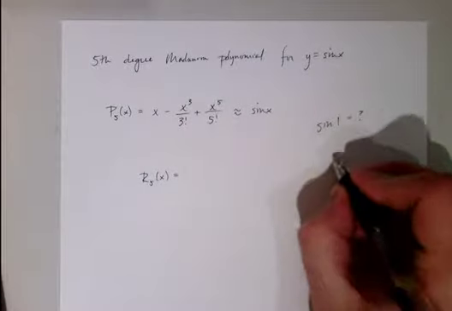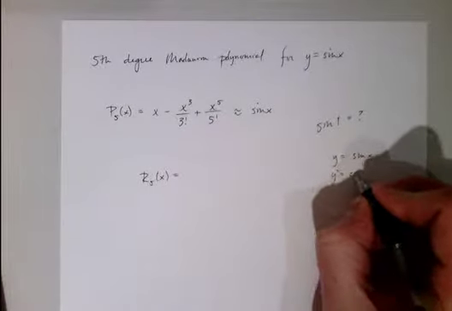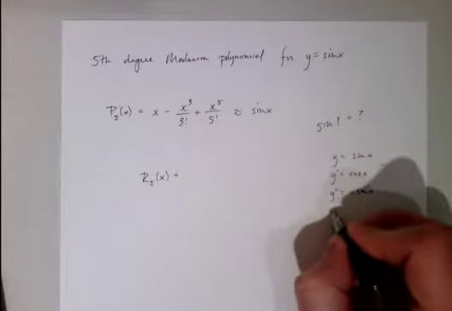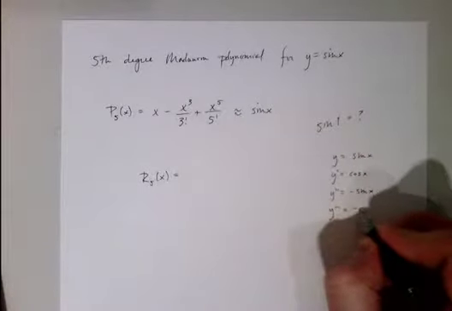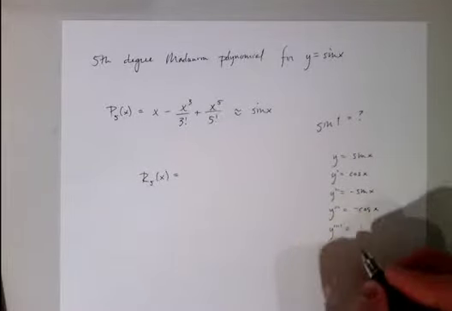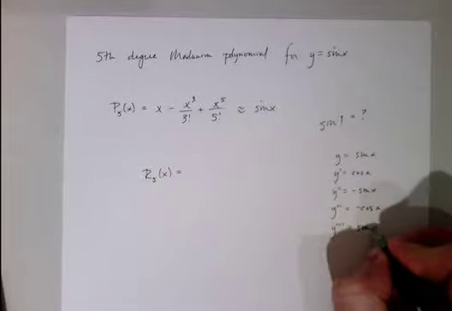Now remember, if I have y is equal to sine x, then y prime is equal to cosine x, y double prime is equal to negative sine x, y triple prime is equal to negative cosine x, and the 4th derivative, the little 4 in parentheses up there, goes back to sine x.